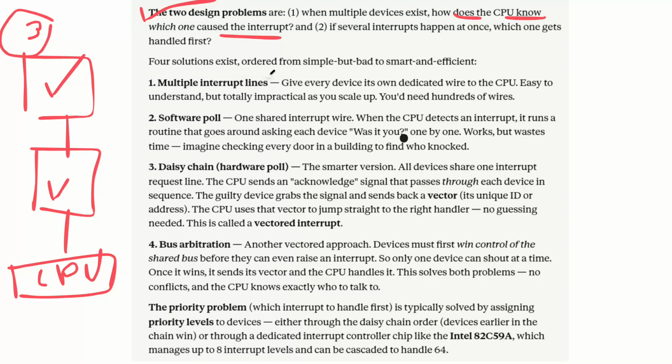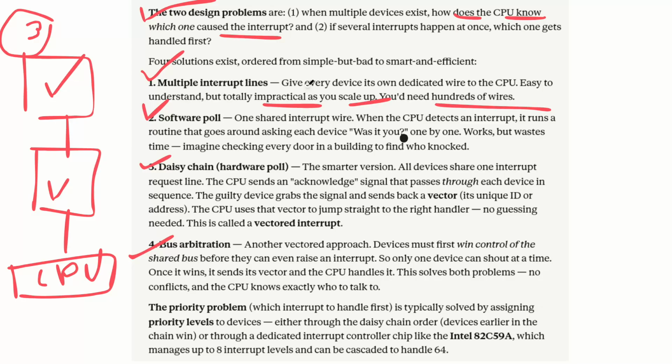So 4 solutions exist: multiple interrupt lines, software poll, daisy chain and bus arbitration. Multiple interrupt lines gives every device its own dedicated wire to the CPU. It is easy to understand but totally impractical. As you scale up, you need hundreds of wires.